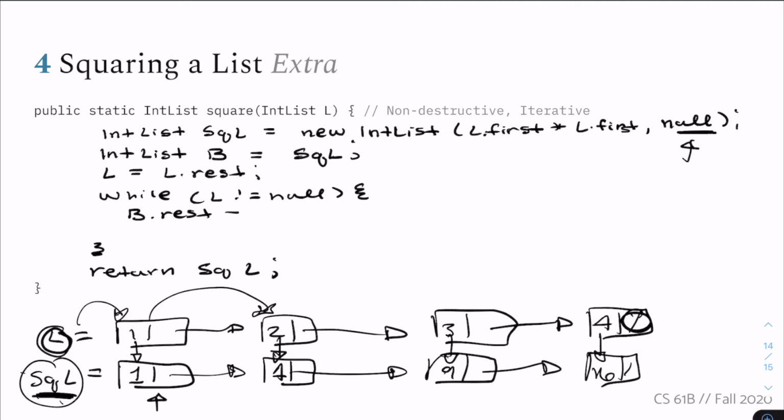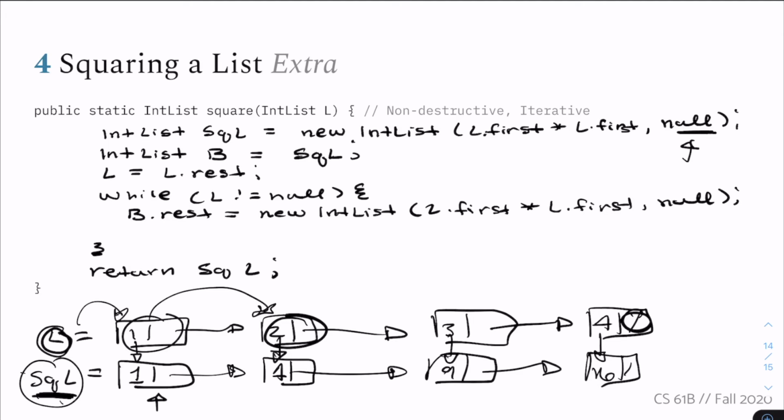So we want to set b.rest to be equal to a new IntList that has, again, we've iterated L, so now L doesn't point here anymore, it points here. So we can do the same thing that we did above, L.first times L.first and null.